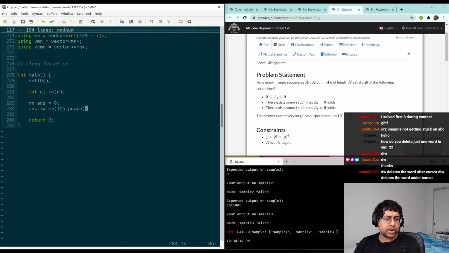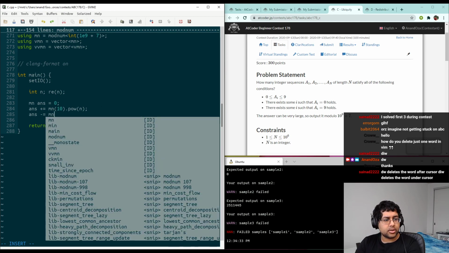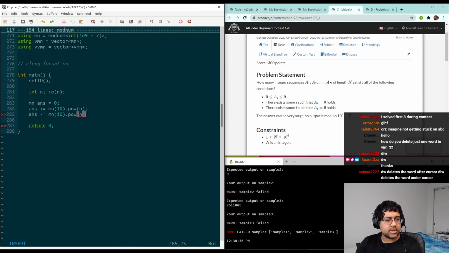So I want to subtract everything that doesn't have a 0 or doesn't have a 9. How do I do that, actually? I think this is like a pi problem. So stuff that doesn't have a 0 would be 10 to the n minus... wait, stuff that doesn't have a 0.